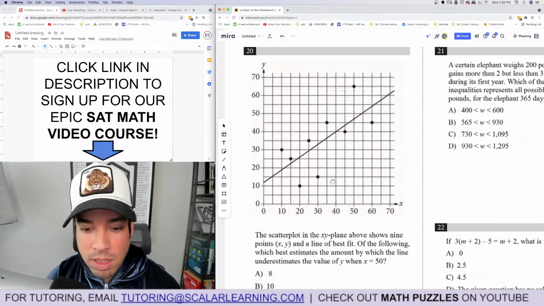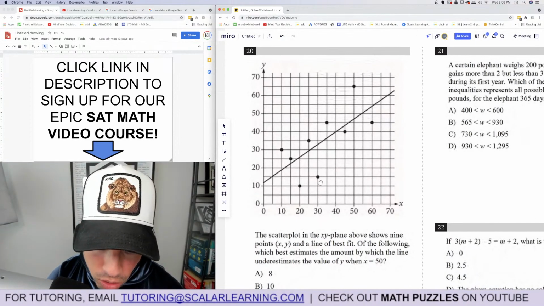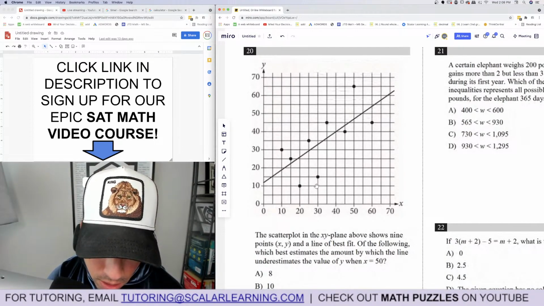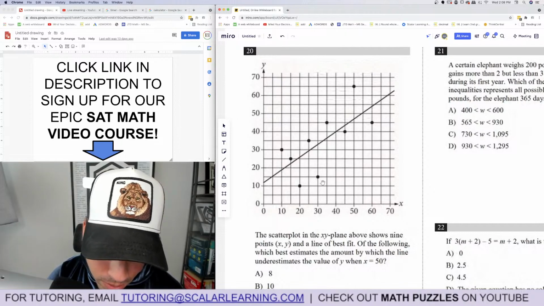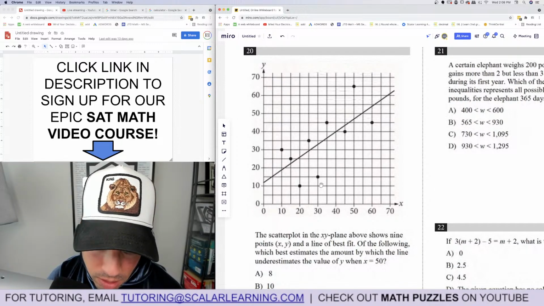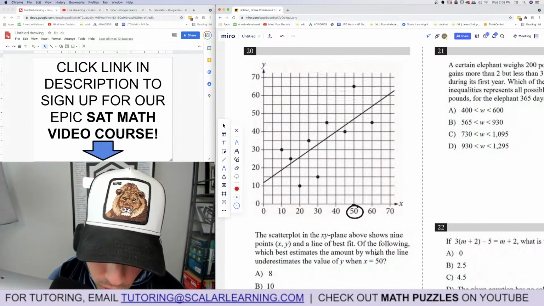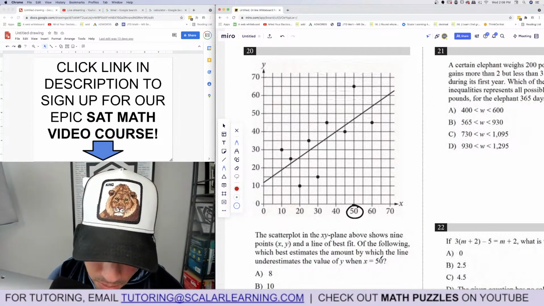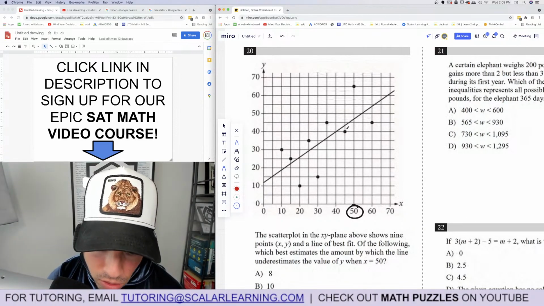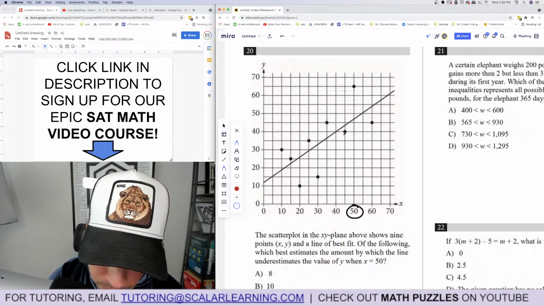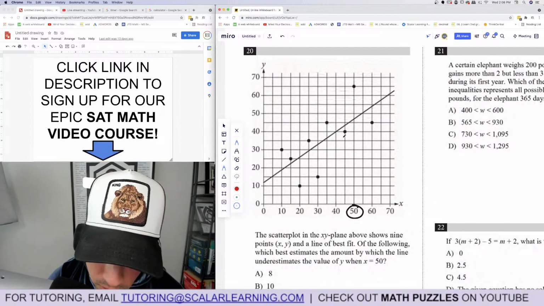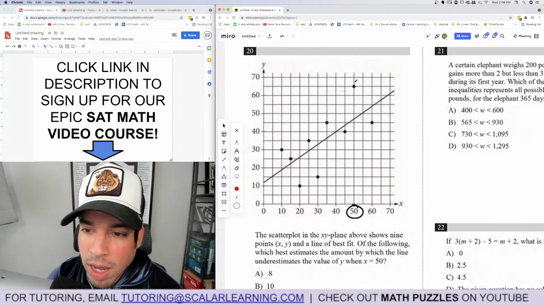Number 20. The scatter plot on the XY plane shows 9 points and a line of best fit. Of the following, which best estimates the amount by which the line underestimates the value of y when x equals 50? All right, so we're talking about the amount by which the line underestimates. Oh, yeah, because here it is.